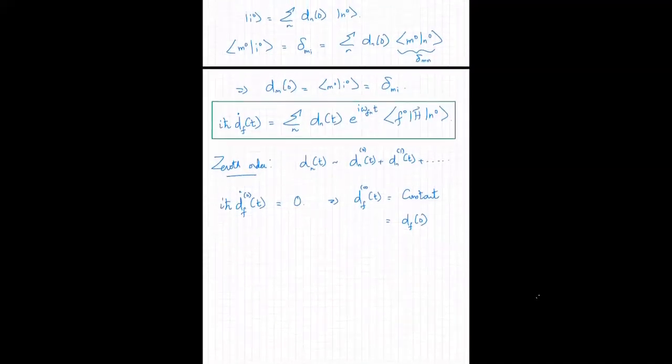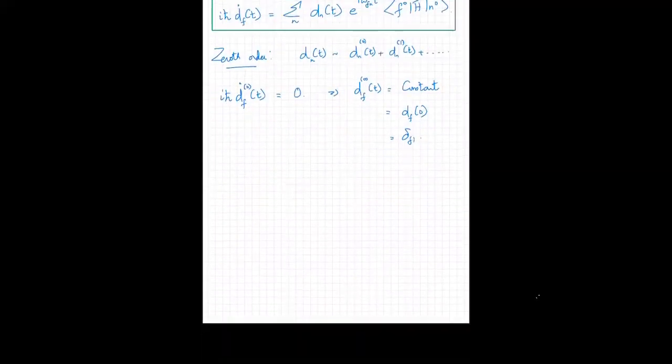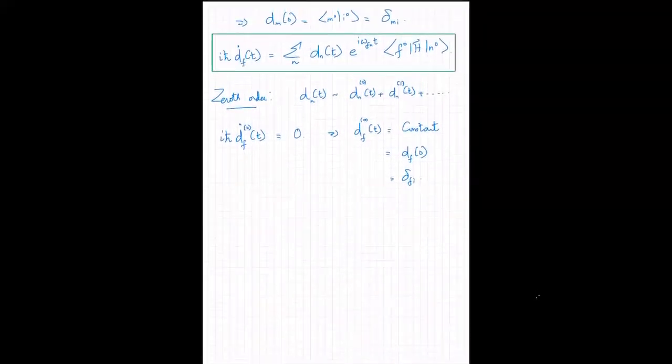So df of 0 should be just delta fi. And this makes sense. This simply says that to 0th order, when you don't have a perturbation at all, your initial state doesn't have any chance to evolve into anything new. So it will just stay. The final state will be the same as the initial state. That is what this is. So the magic happens starting at first order.